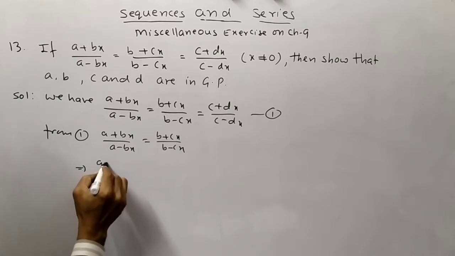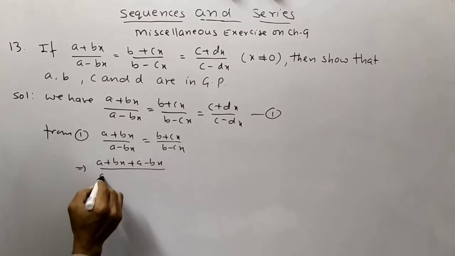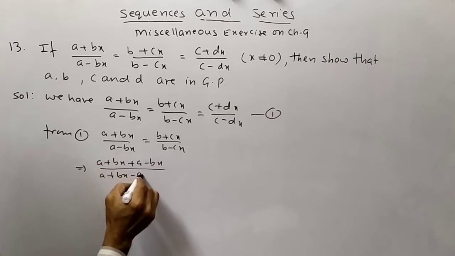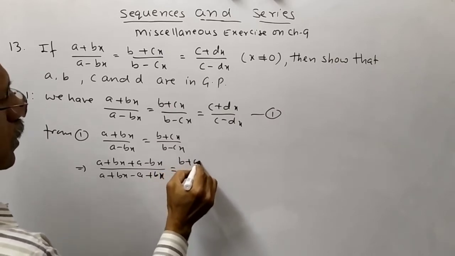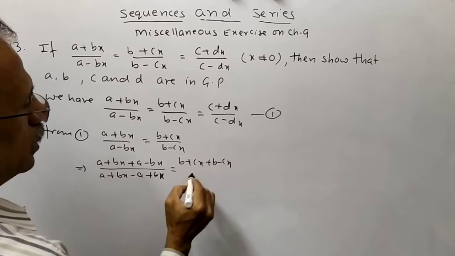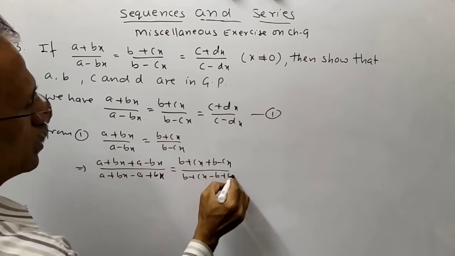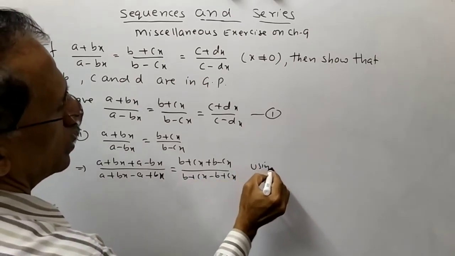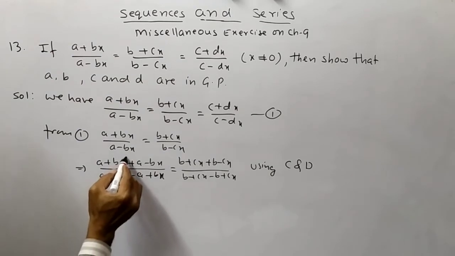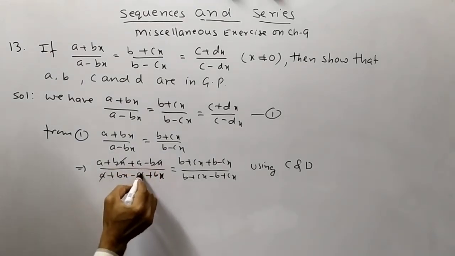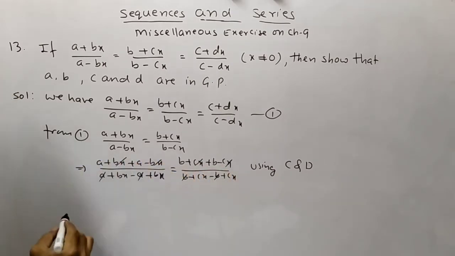This implies a plus bx plus a minus bx divided by a plus bx minus a plus bx is equal to b plus cx plus b minus cx divided by b plus cx minus b plus cx, using componendo and dividendo. bx minus bx, a minus a, cx minus cx, b minus b will get cancelled.